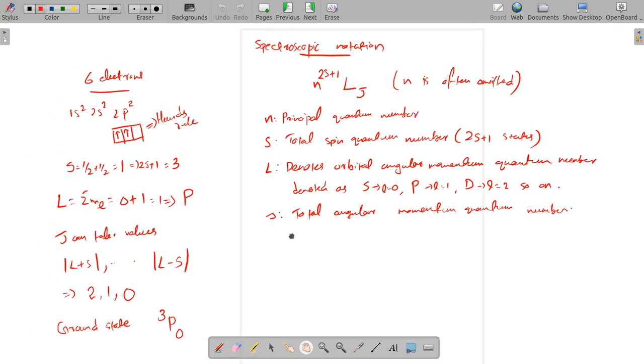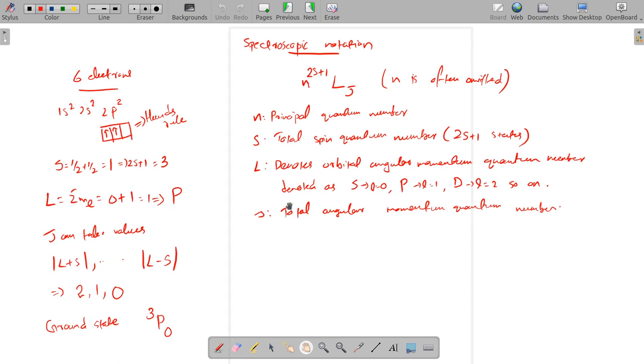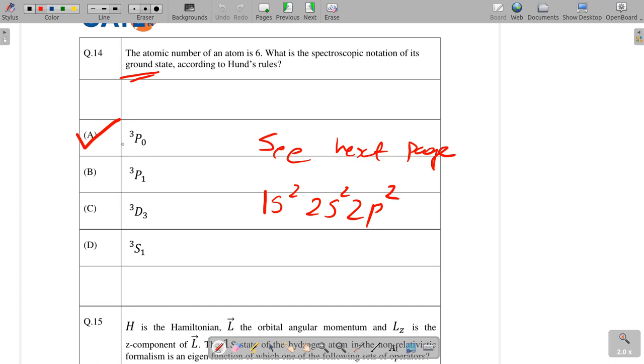I'm showing how to find the spectroscopic notation of a given atomic arrangement. This is the standard spectroscopic notation. The n is usually omitted; you need not write it down. Here also you can see no n is given.